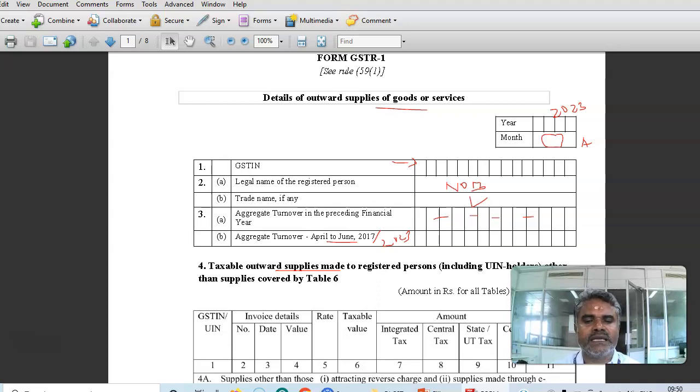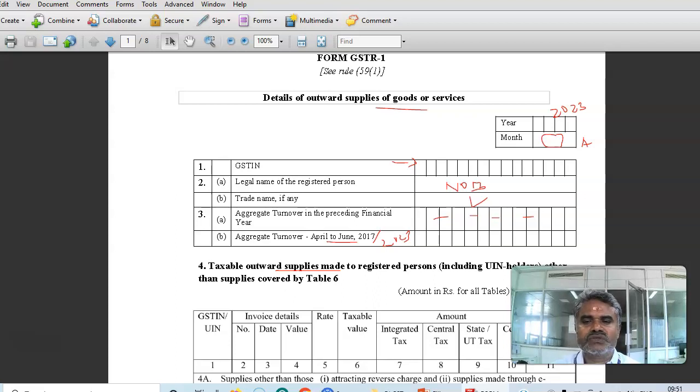Then GSTIN, your GST number, and the legal name of the registered person. The legal name of the registered person means the person who is taking care of all the business administration, or the owner, the chairman, the board of directors, or the director.